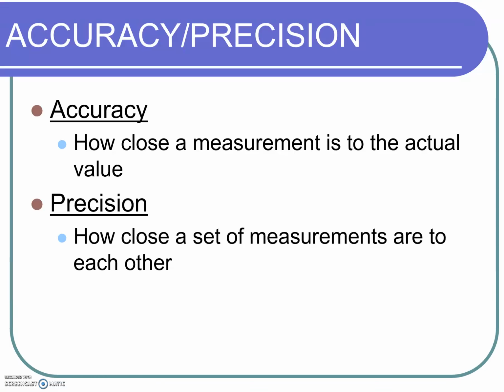That means we're precise at the way that we're throwing those darts. We're throwing them the same way every time, but we're not throwing them right every time. And if we were to throw those 10 darts and every time hit the bullseye, we're precise and accurate. And in lab, we want to aim towards being as precise and accurate with our measurements as possible.